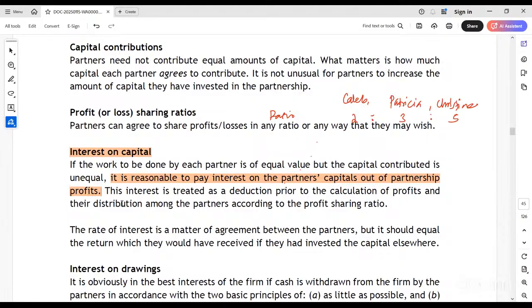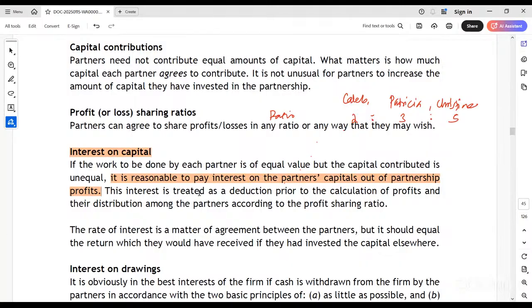How do I benefit from the capital I've contributed? So at least I should be getting some interest on the capital. This is the return on the capital that the partners have invested into the partnership business.